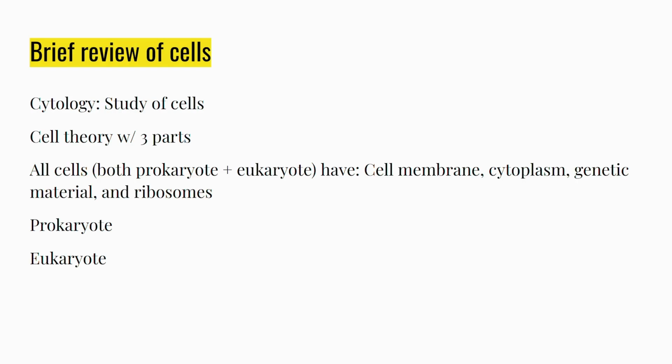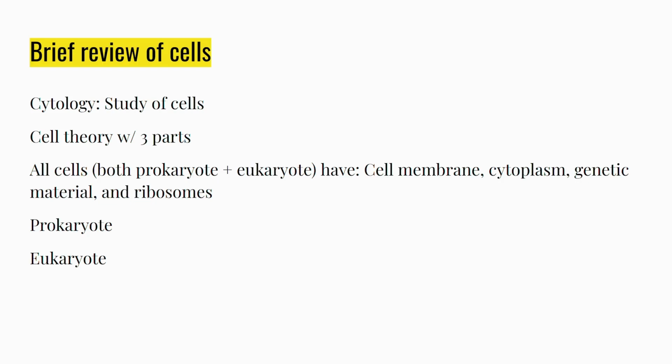Its only organelle is the ribosome, and it has no true nucleus, which means the genetic material, which can come in the form of DNA or RNA, is just floating around in the cytoplasm within the cell. Most prokaryotes are simple unicellular organisms, and they also reproduce through mitosis. An example of a prokaryote would be bacteria.